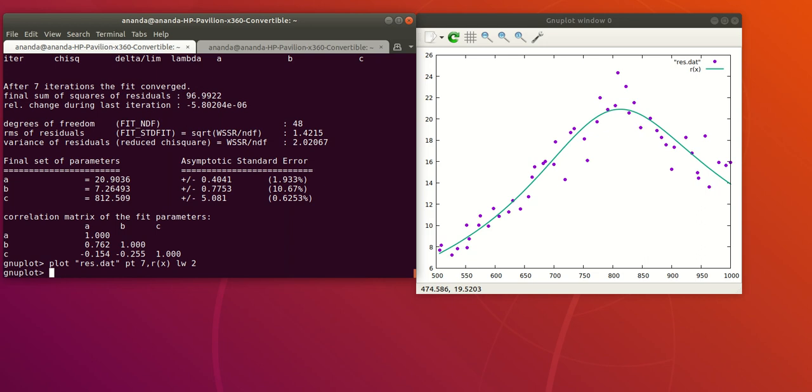The lesson here is you can fit both linear and non-linear parametric dependencies, or rather could do both linear or non-linear least squares fit using gnuplot. The algorithm which gnuplot uses is one of the best algorithms in the business for this. You don't have to write any code for that, you just have to use the fit command.